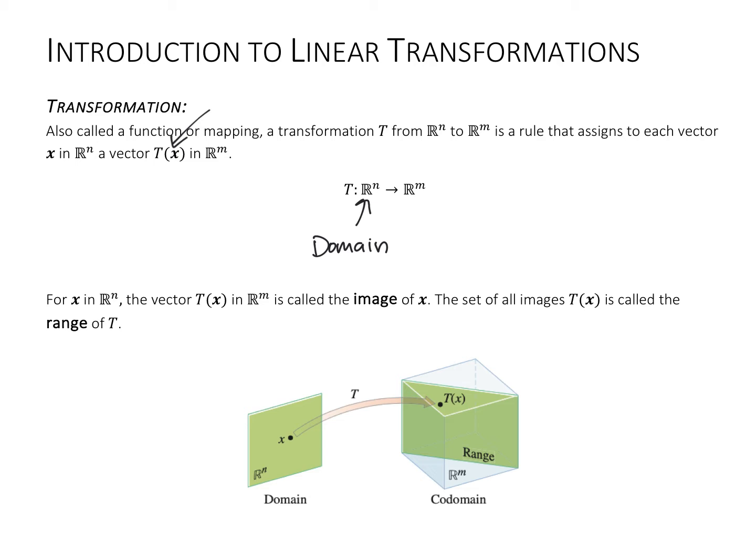So we take our domain, and then our output. We're going to map things in our domain to things in something called a codomain. You'll notice sometimes they have the same size, sometimes they don't, and that happens.